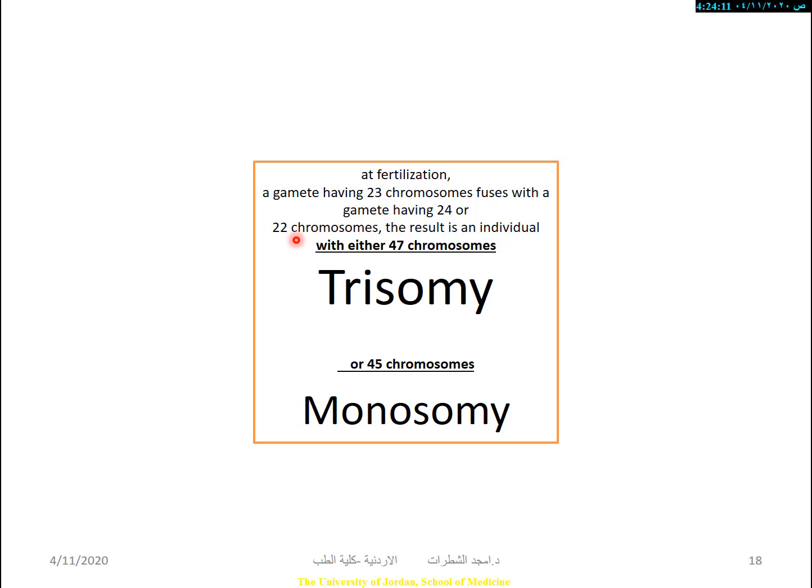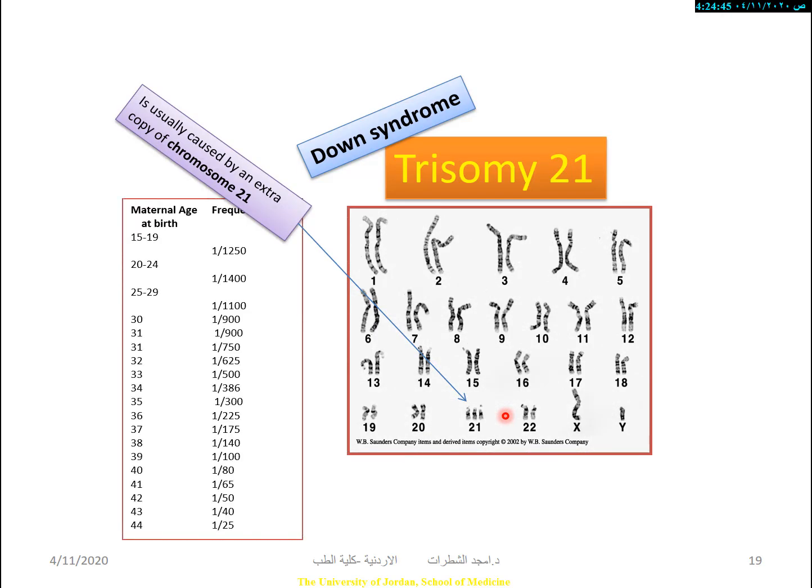So either we have 47, an extra chromosome, which we call trisomy, or 45, which we call monosomy. There should have been two chromosomes here, plus one extra. Monosomy means one chromosome. So let's talk about real examples in our life. This is Down syndrome, trisomy 21.